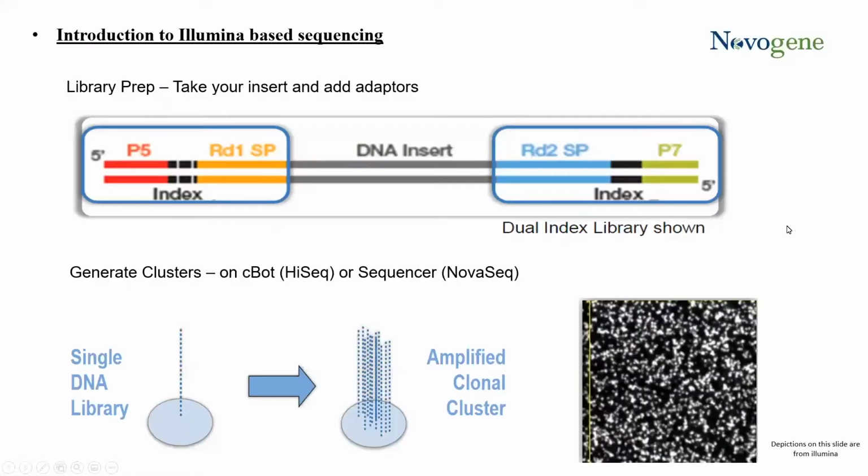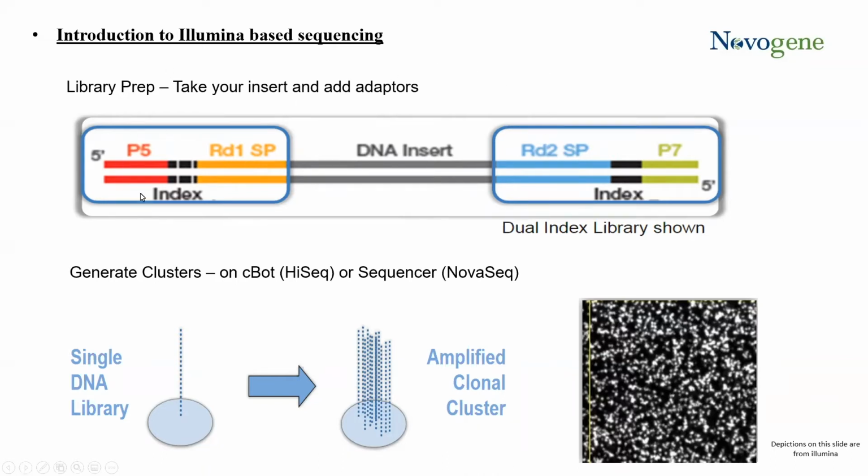So let's go ahead and start out with the introduction to Illumina-based sequencing. Essentially, all that is needed to be done, and I say all as simplistically as I can, with your area of interest is to take a DNA insert and add adapters to it on either side, flanking.